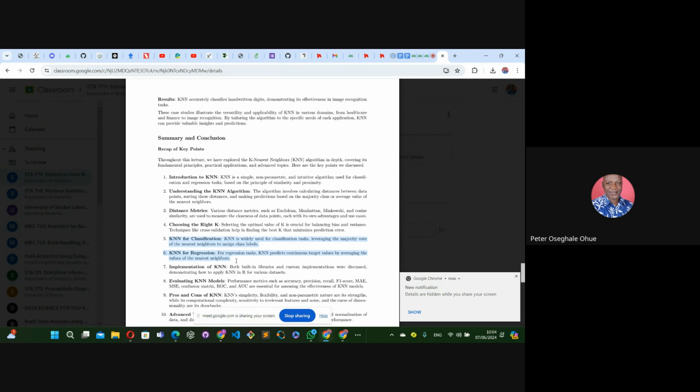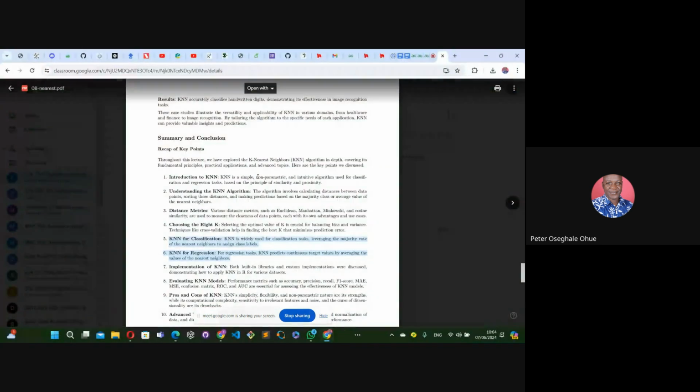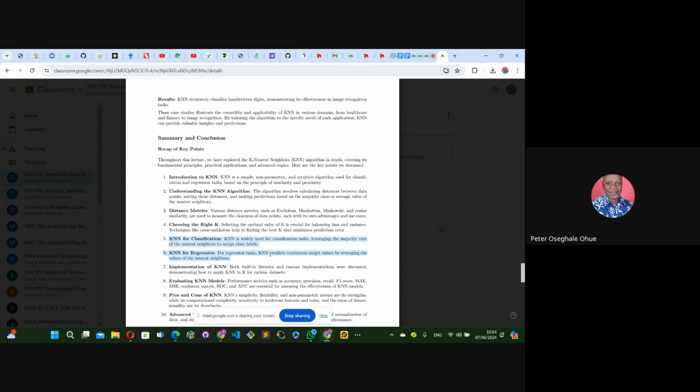And that's why we're using different methods like the Euclidean distance, cosine similarity scores, and all of those things that we use. So what I'm saying is, if you are going to predict a continuous target, then you use KNN for regression. If you are going to predict a class, then you use your KNN classification.